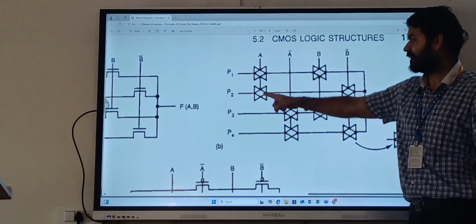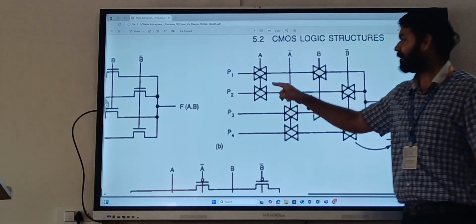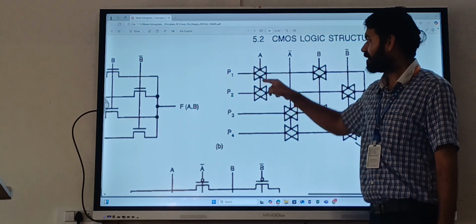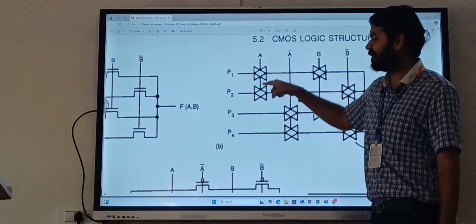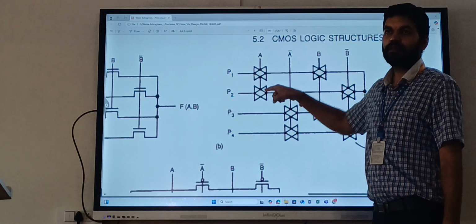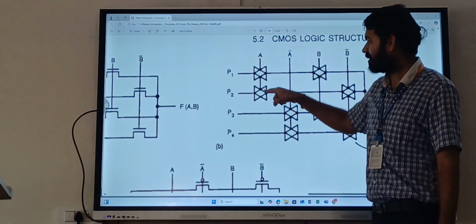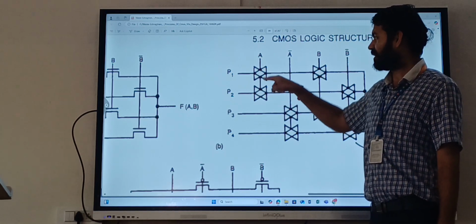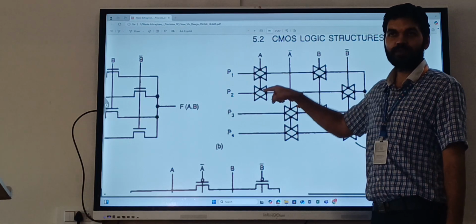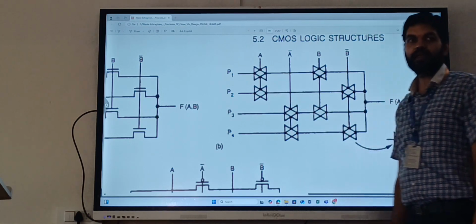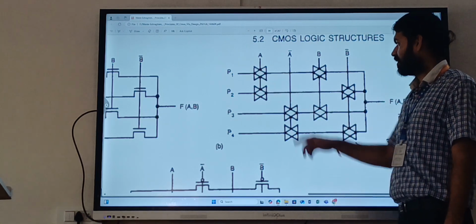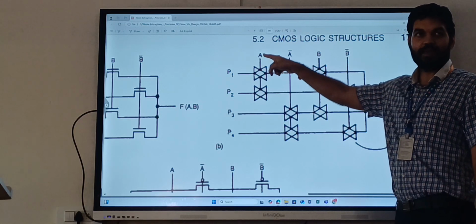This is off, because a 0 goes to PMOS. If here I have A, here it is A bar. So when here I have A bar, this TG is off because A bar is going to PMOS. A we gave 0, so A bar is 1.